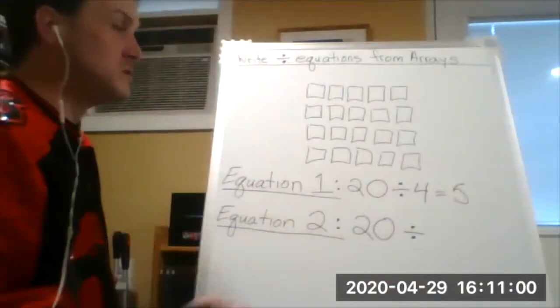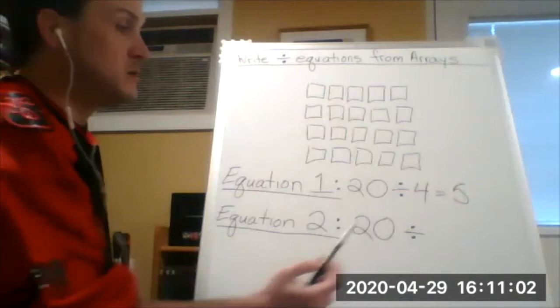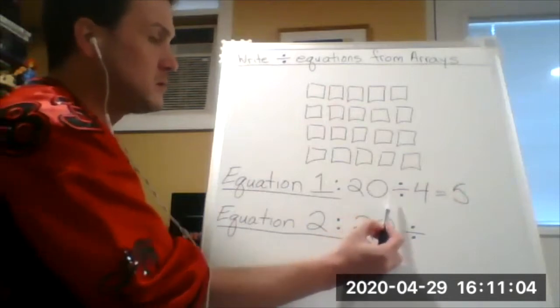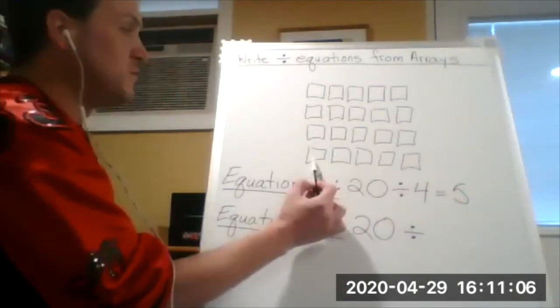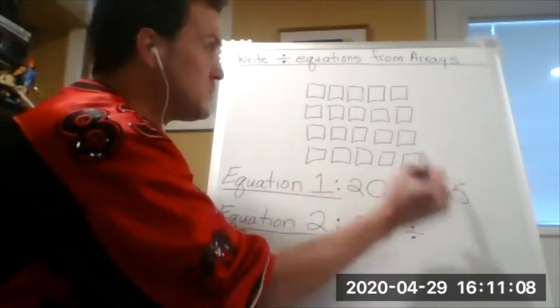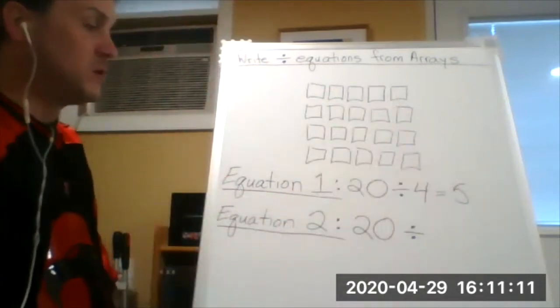So one of the division equations for this array is 20 altogether divided by 4 rows gives me 5 in a row.